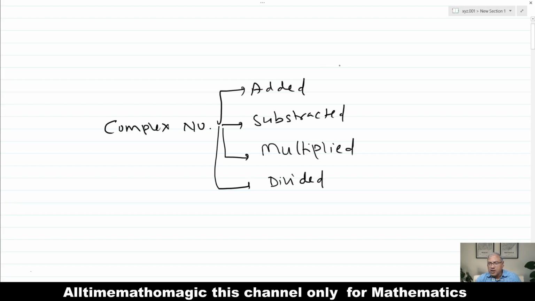So these four algebraic operations are possible with complex numbers. The addition, subtraction, multiplication, and division of complex numbers is possible. Let us take some examples on addition, subtraction, multiplication, and division of complex numbers.